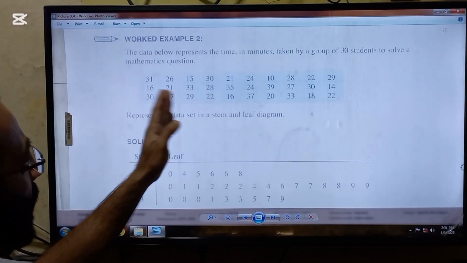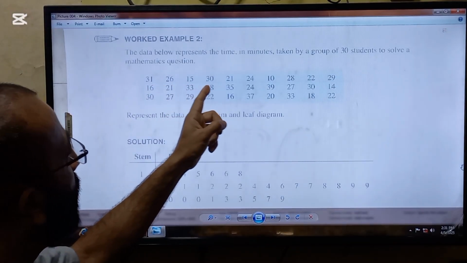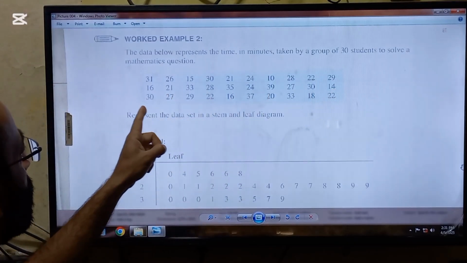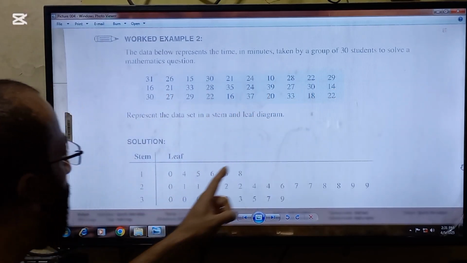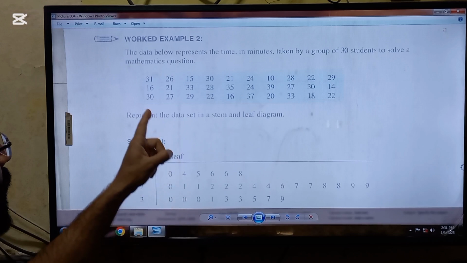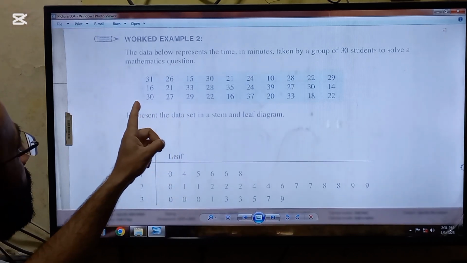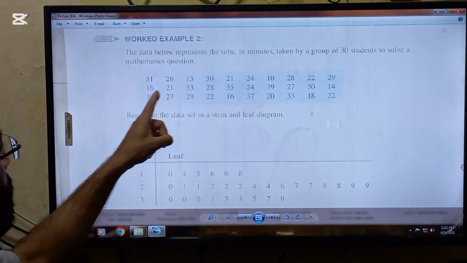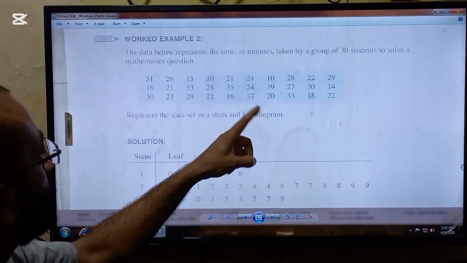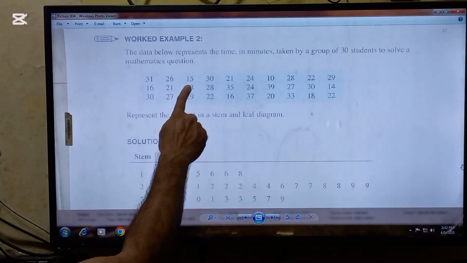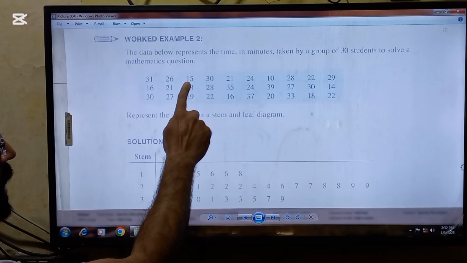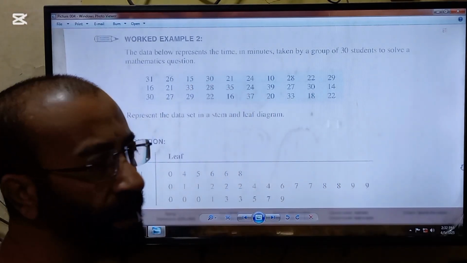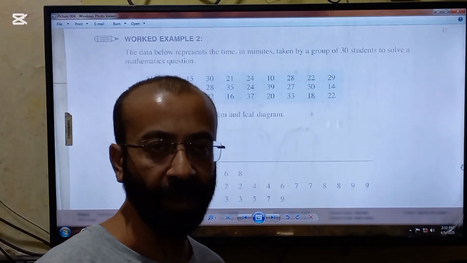Then the next value that is in tens is 14, so 14 is coming one time, so 4 will be written once. Likewise, 15 is the next value in the question. Here is 15, that is coming one time, so 5 will be written once, and so on. So like this, the stem and leaf diagram will be completed.